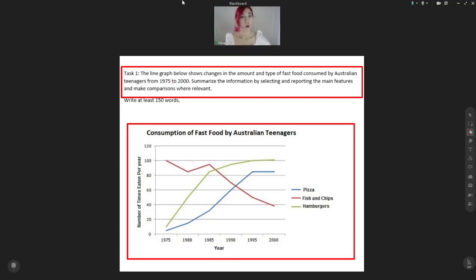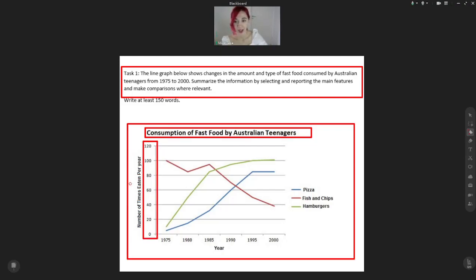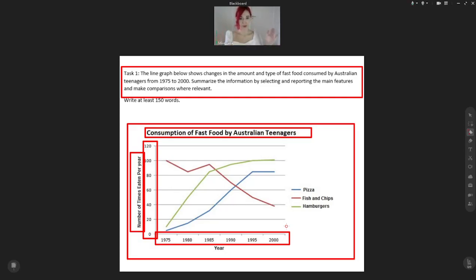Okay, so again, what did we say? The first action in our action plan is to understand the graph. So I'm going to take a look at the graph, and I see here consumption of fast food by Australian teenagers. And here on this side, we have number of times eaten per year. So that's the amount that they ate. Here we have the year. So that's our time period.